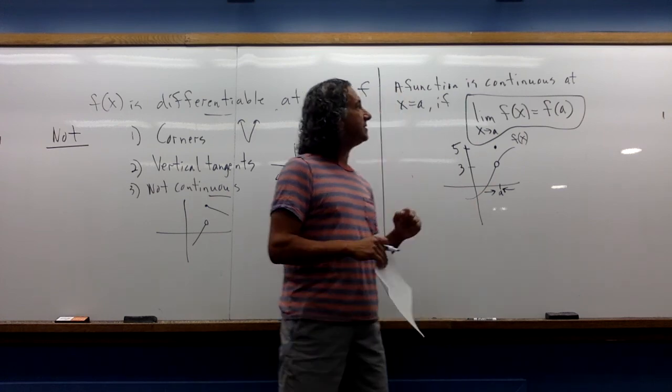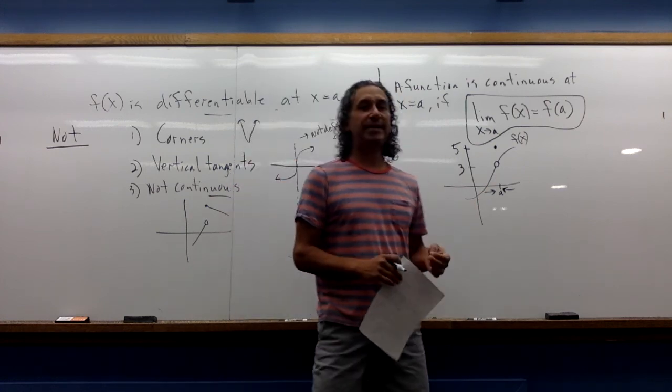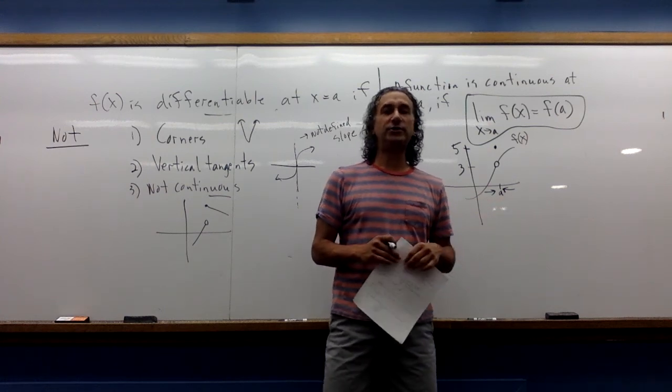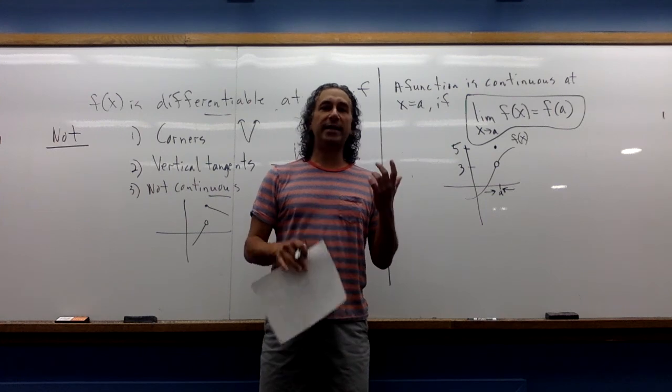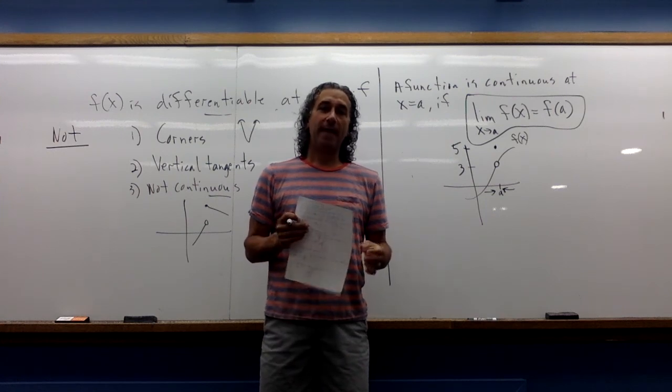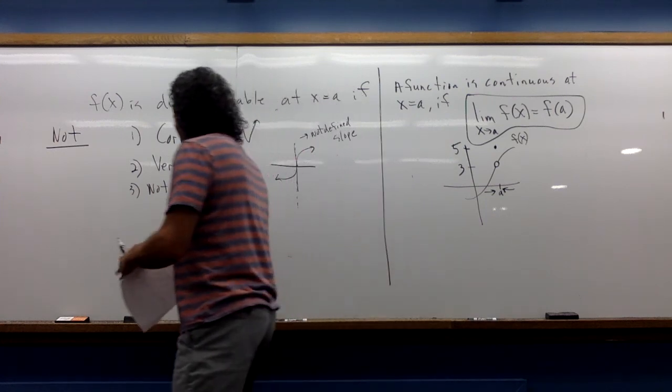So let's think of these guys as creatures, a function being differentiable at a point and a function being continuous there. Can we draw any relationship conclusion? And it turns out we can.